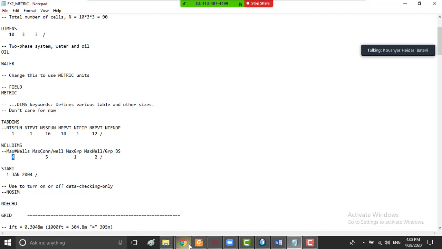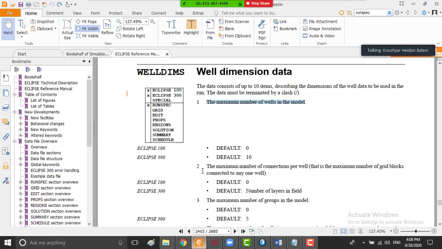What is the meaning of the second piece of data? The second piece of data is the maximum number of connections per well, and that is the maximum number of grid blocks connected to any well.